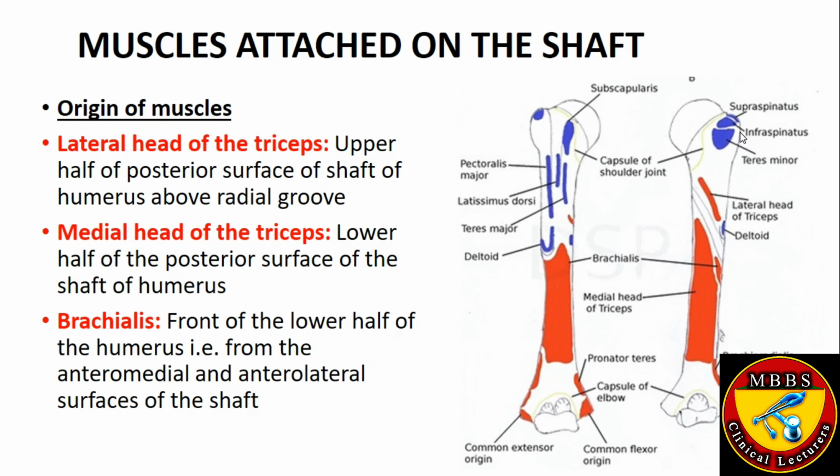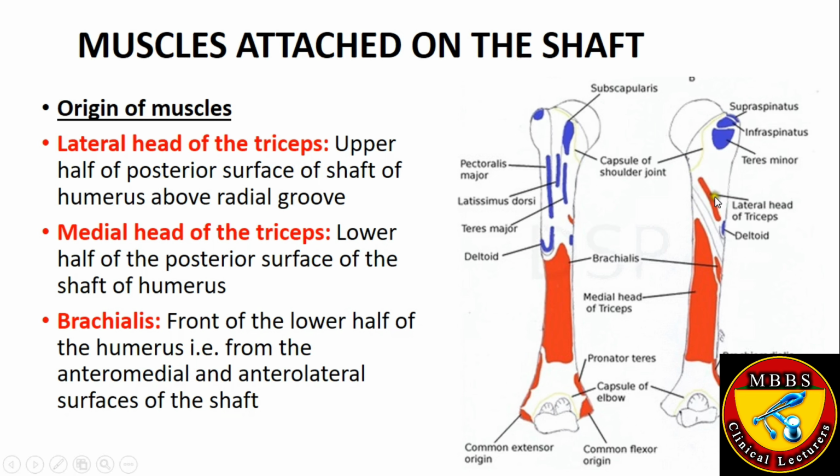Muscles attached on the shaft. There is the lateral head of the triceps, medial head of the triceps, and the brachialis. The lateral head of the triceps takes origin from the upper half of the posterior surface of the shaft of the humerus above the radial groove.